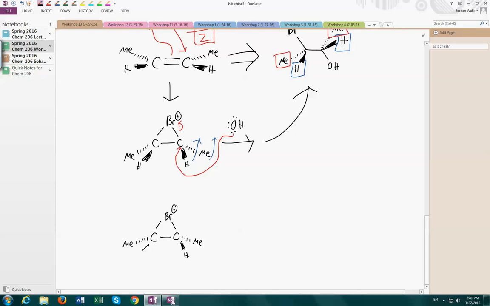And so now what we have in solution, we have the Br minus that resulted from cleavage of the bromine-bromine bond, and then we've got H2O. And so we've gone over this several times. Which is going to add, the bromine or the water? Why?